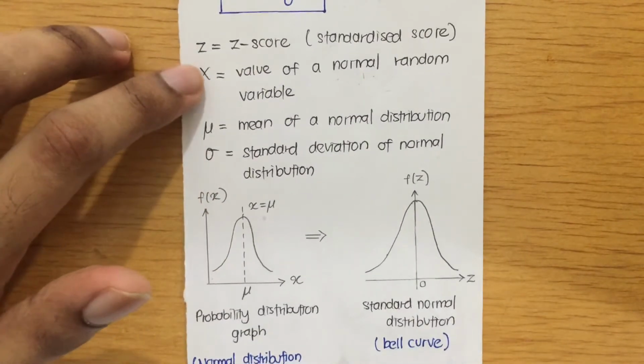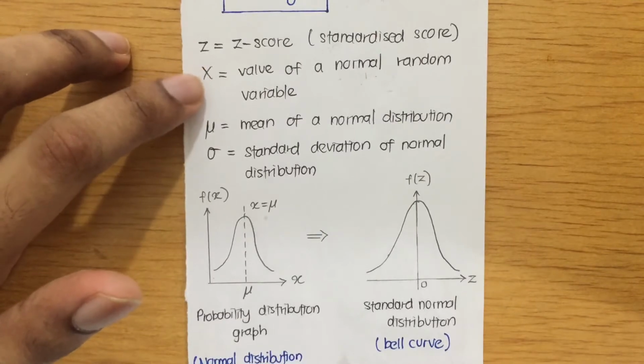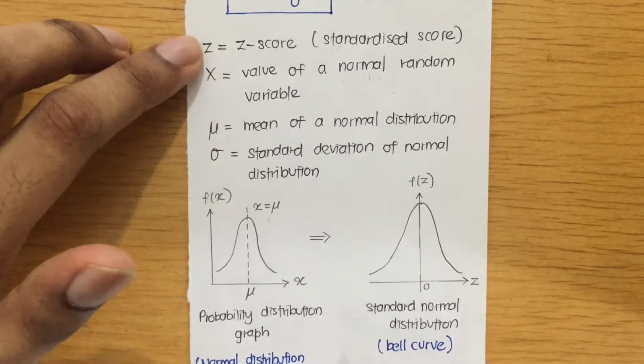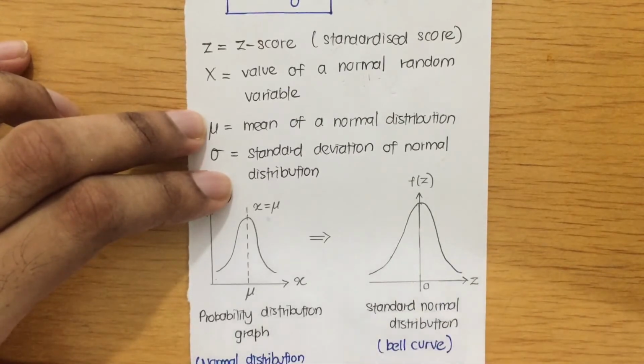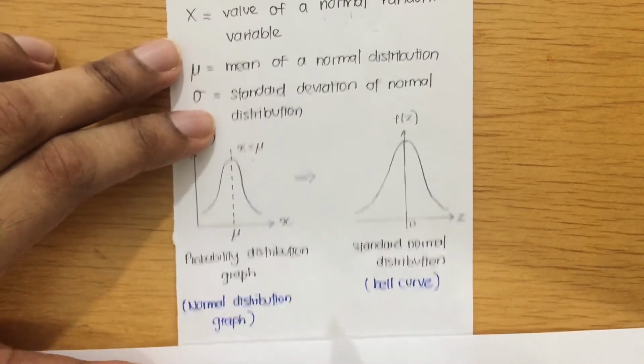This x value will later be converted into the Z score, and this Z score will be useful as the area under the graph. So what is the area under the graph exactly I'm talking about? Please hold on, I'm going to talk about it soon.